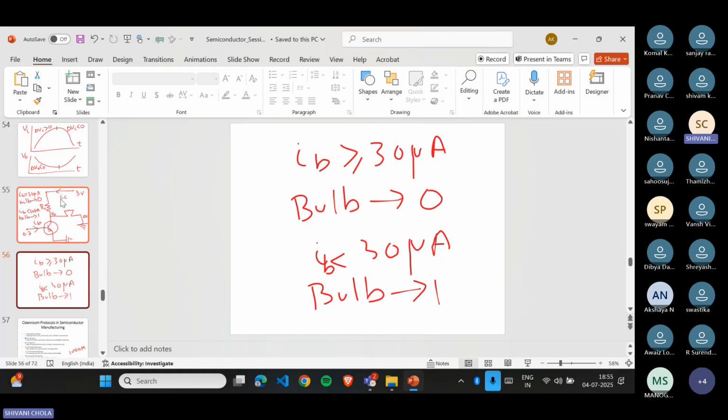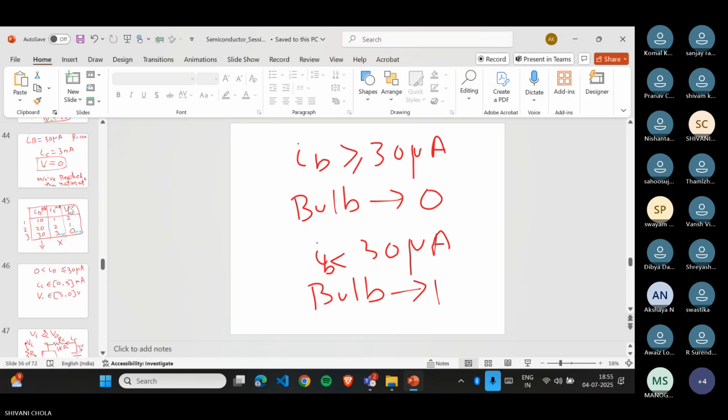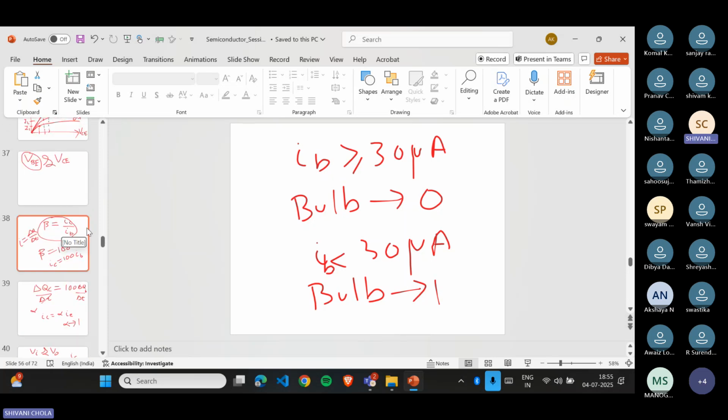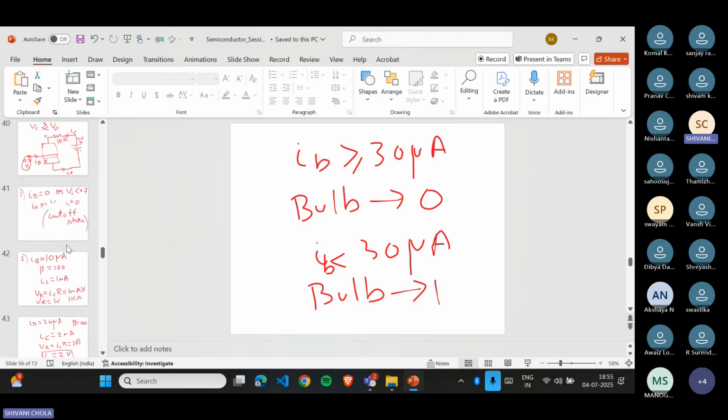See, guys, we have used nearly 2 lectures for this transistor part just to explain how it's working like an amplifier and how it's working like a switch and so on. I agree this might be confusing because we have used a lot of slides over here.